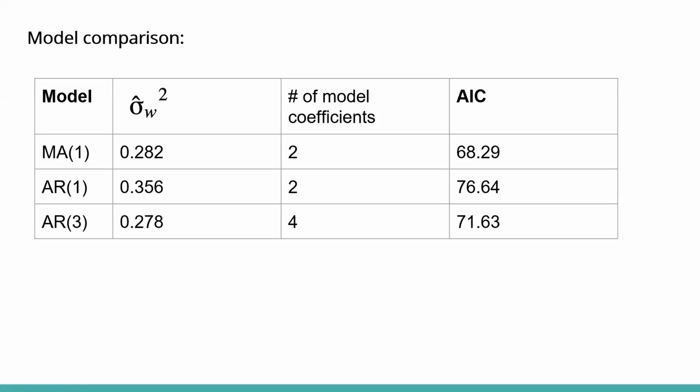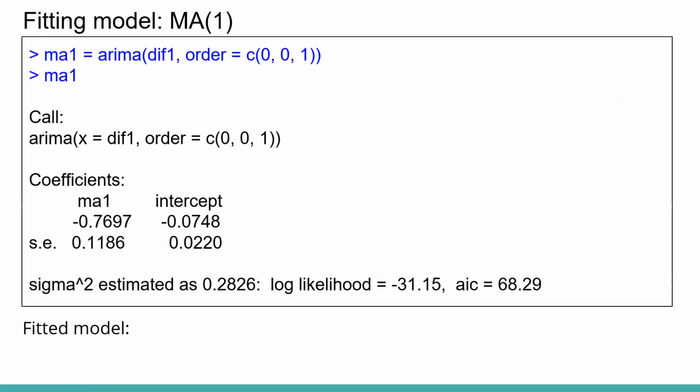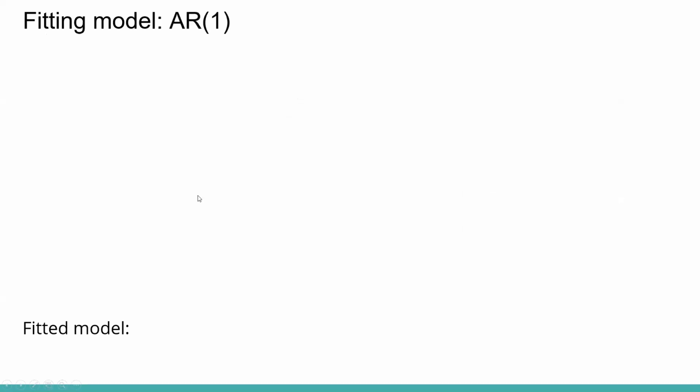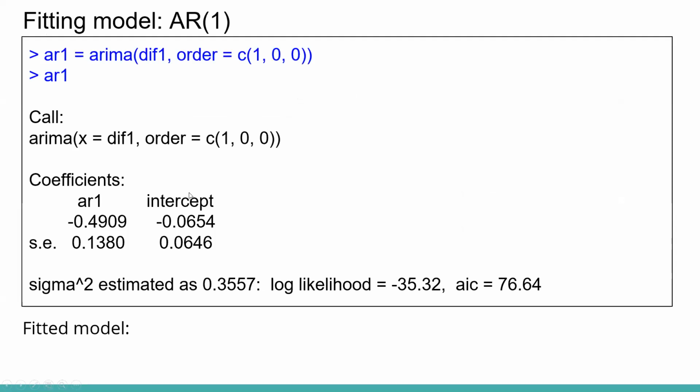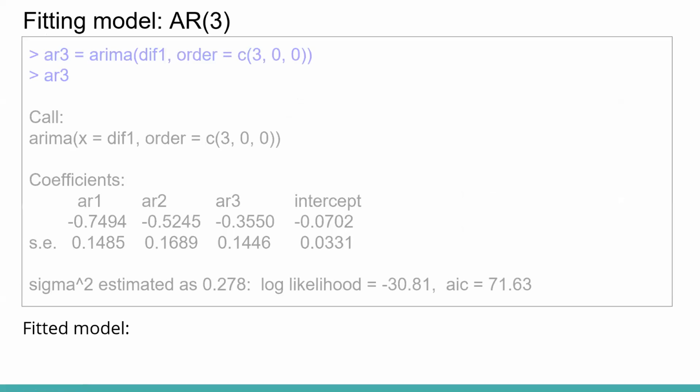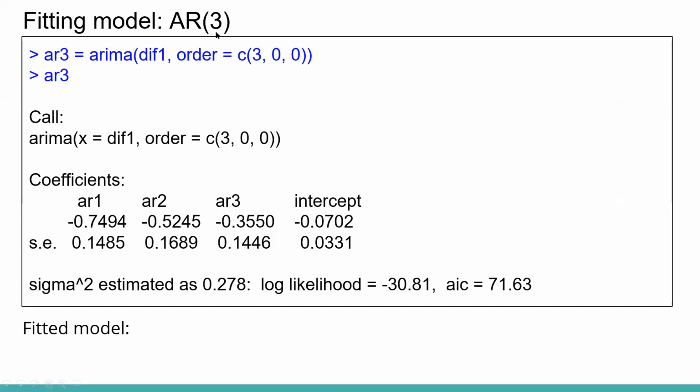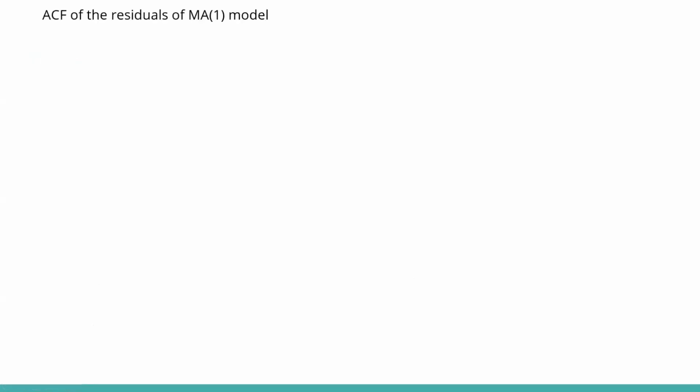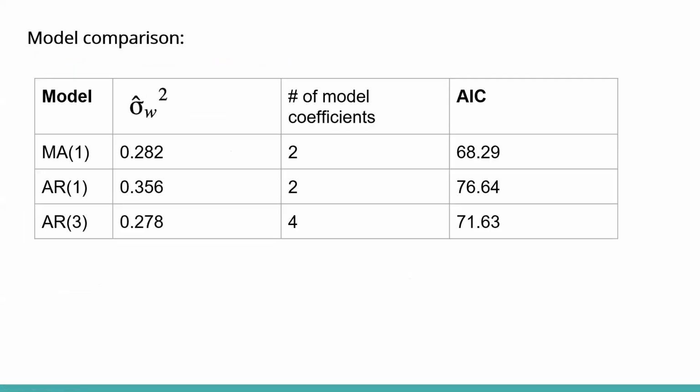If I take you back, you're going to see for yourself: for MA1, you see this one and this one; for AR1, it's this and this. I'm talking about the intercept and the regression parameter. For the case of AR of order 3, of course, you're going to have 4. It's more or less the regressors, the same thing as the number of parameters.